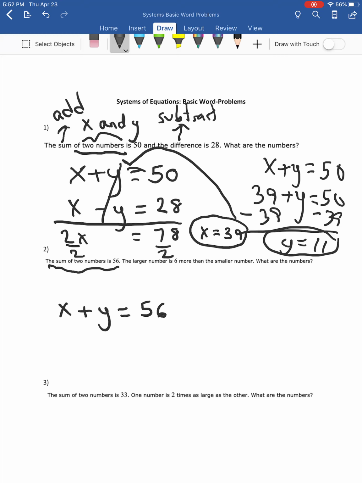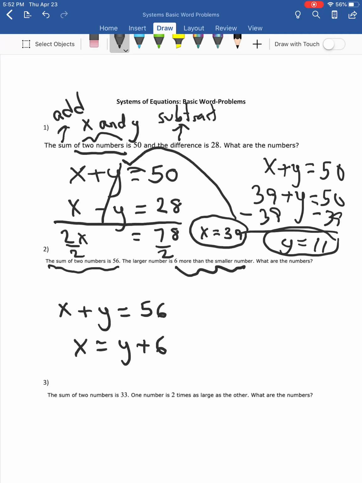What are the numbers? Okay, so we don't know which one is going to be the larger one, x or y, but what I'm going to do is I'm going to say x, doesn't matter whether you use x or y, is going to be 6 more than the smaller number. So that's going to be y plus 6.